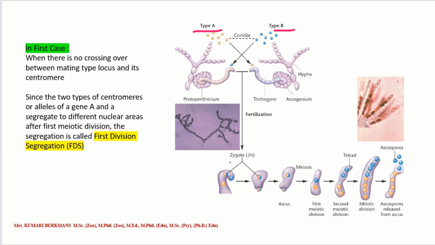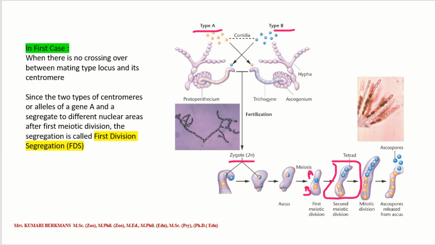They fuse to form the zygote, and from the zygote meiotic cell division occurs, and this divides into 2, the B as well as the A. Let us take this as B and this as A. Now this B divides into 2 and this A divides into 2, and this is called a tetrad.